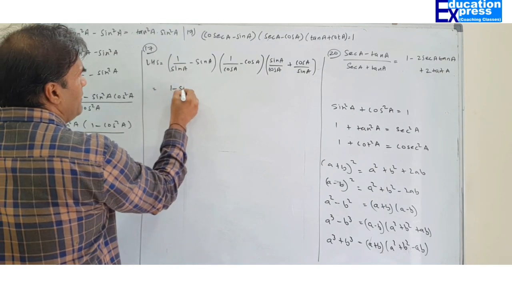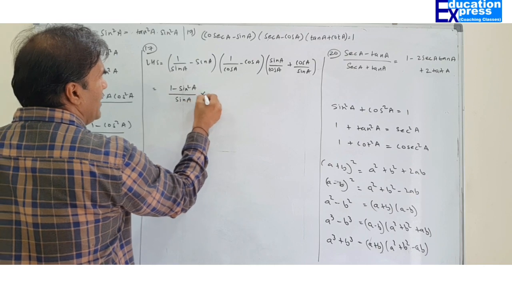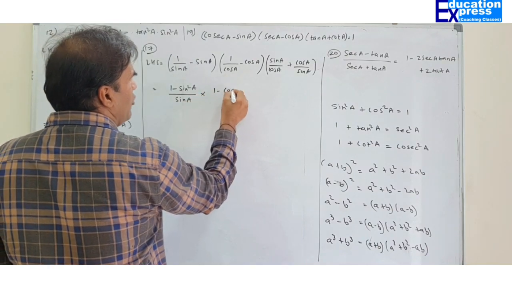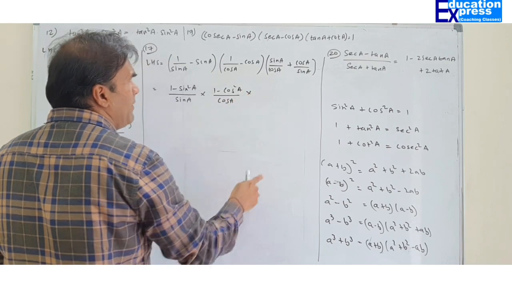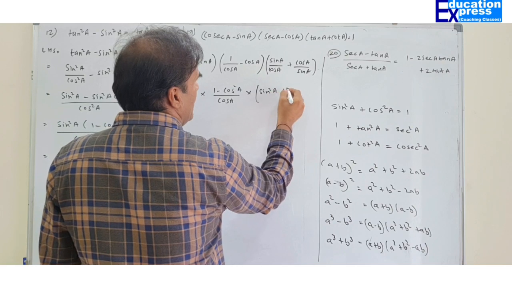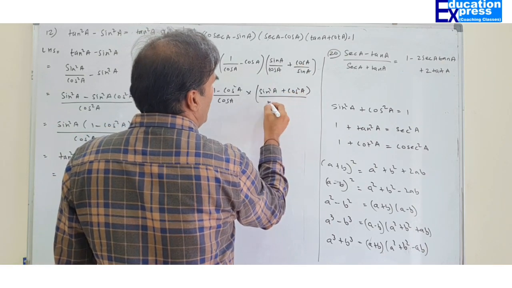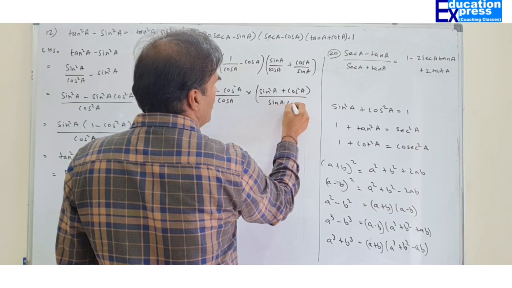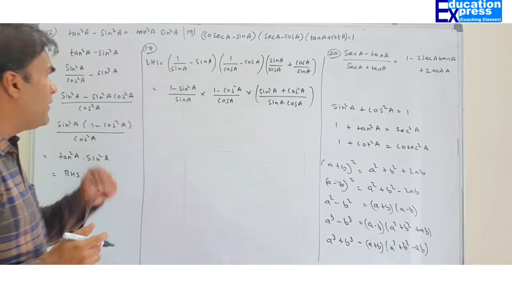Wonderful. So what about this? So this will be 1 minus sine square A upon sine A, multiplied by 1 minus cos square A upon cos A, multiplied by, so this into this will give us sine square A plus this into this will give me cos square A, the whole upon sine A cos A. So sir, all three brackets have been simplified.